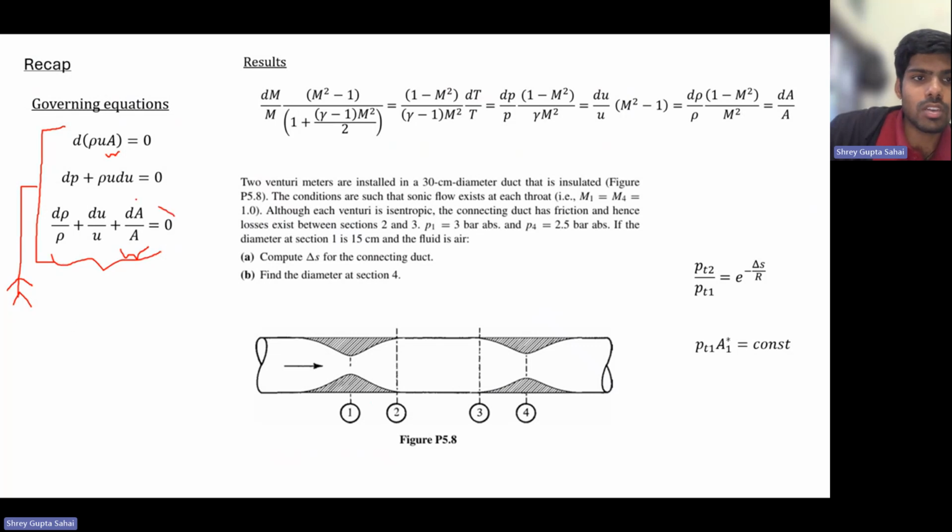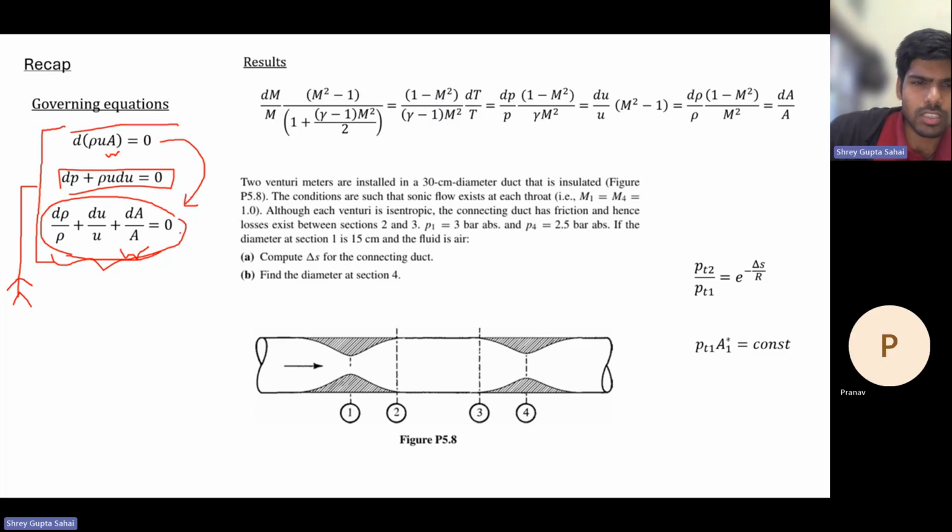In fact, this is not the energy equation. This is just a statement of the momentum equation, and this one is conservation.